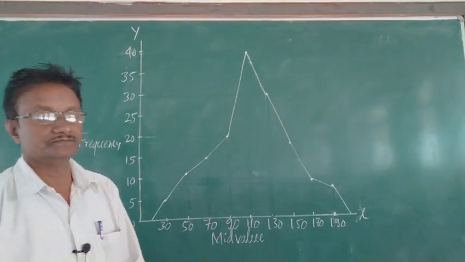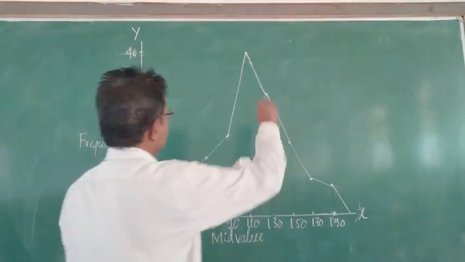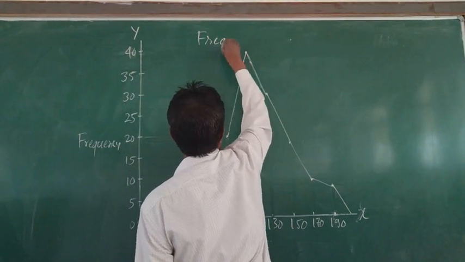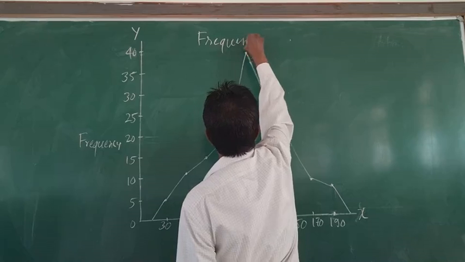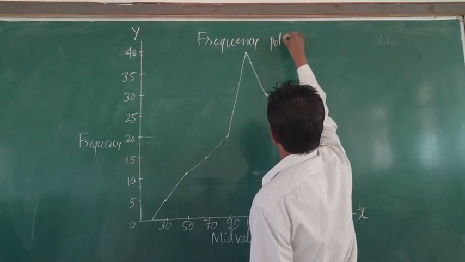In such a way we have obtained the frequency polygon. So it is a frequency polygon for a continuous frequency distribution.